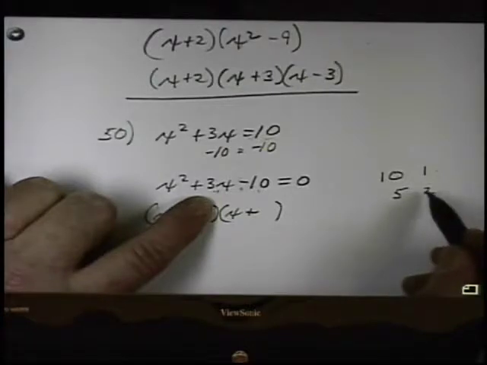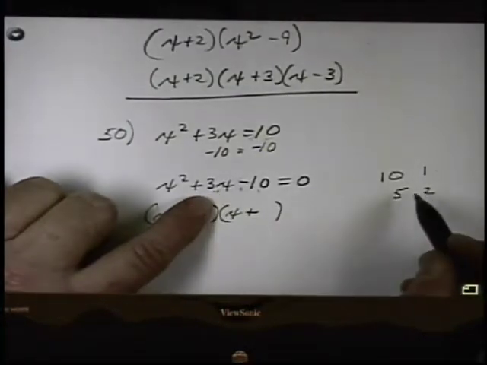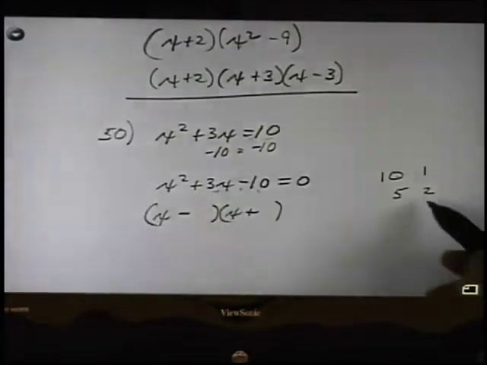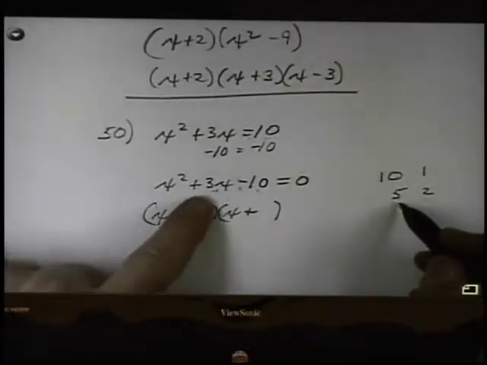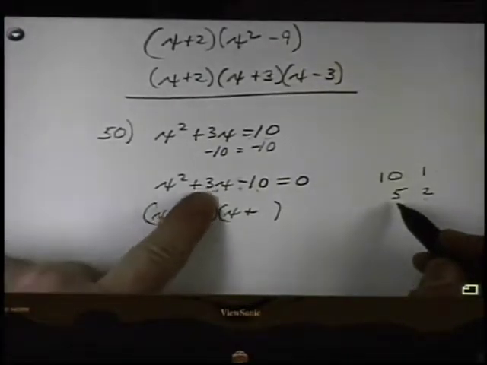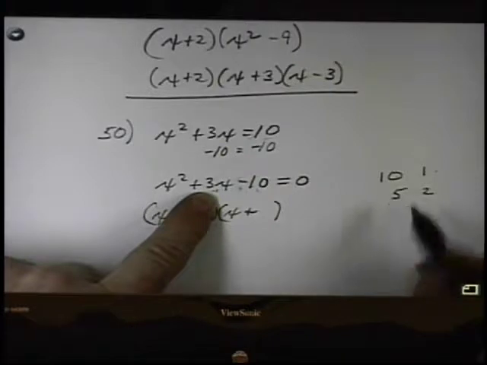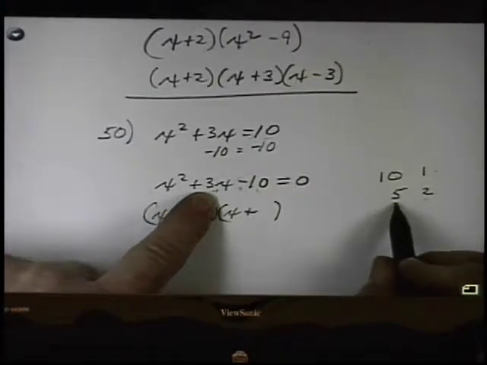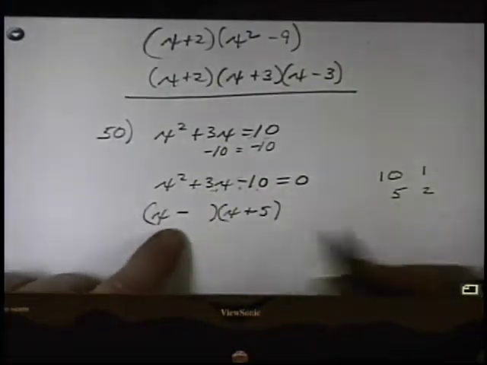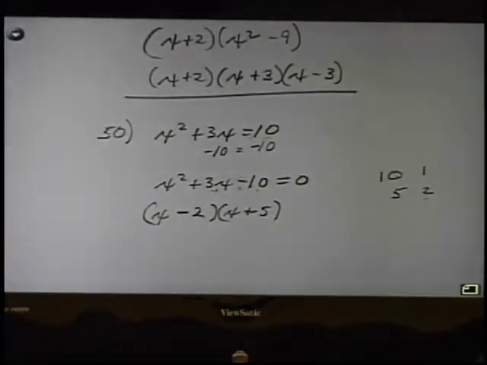But 5 minus 2 is 3. So 5 and 2 are our factors, and we want a positive here for our 3, so the big one, the 5, is positive, and the 2 is negative. So we've got the first part done. We have factored our equation.